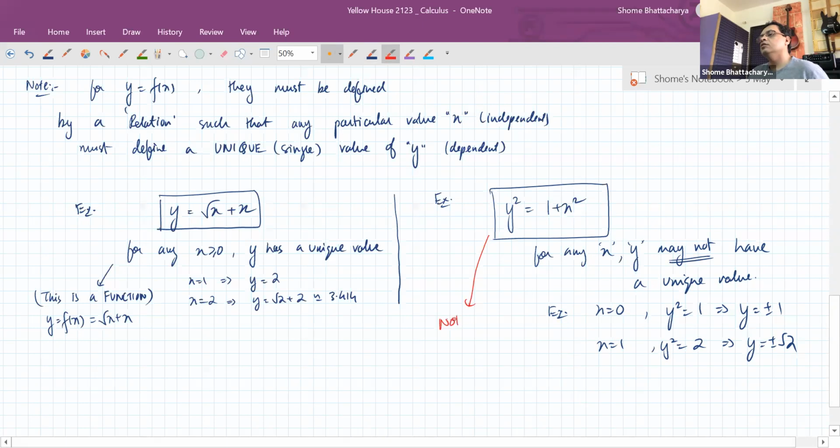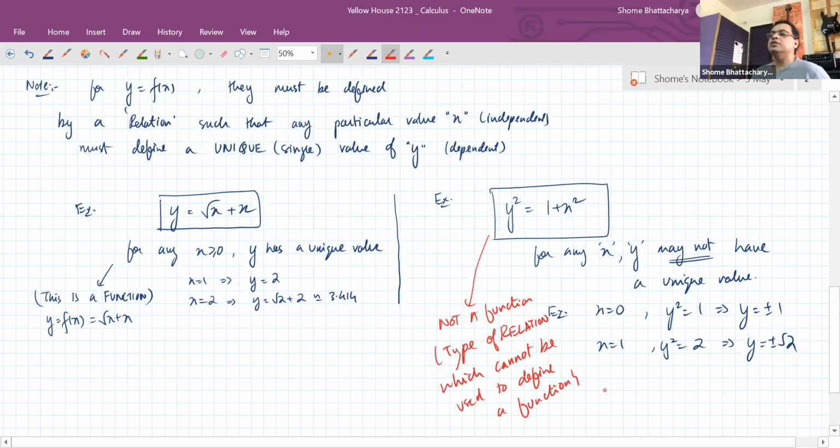It is a type of relation which cannot be used to define a function. We can even plot the graph for it, but that will not qualify as a function's graph.